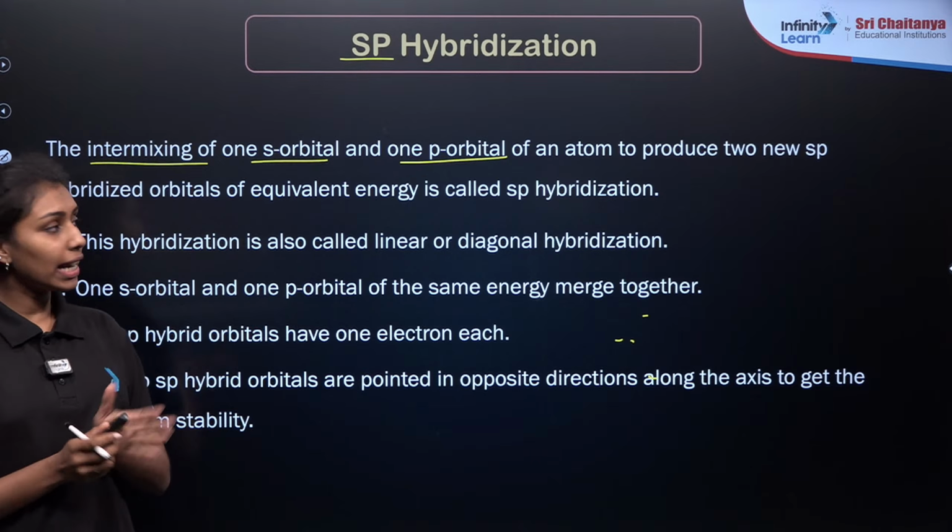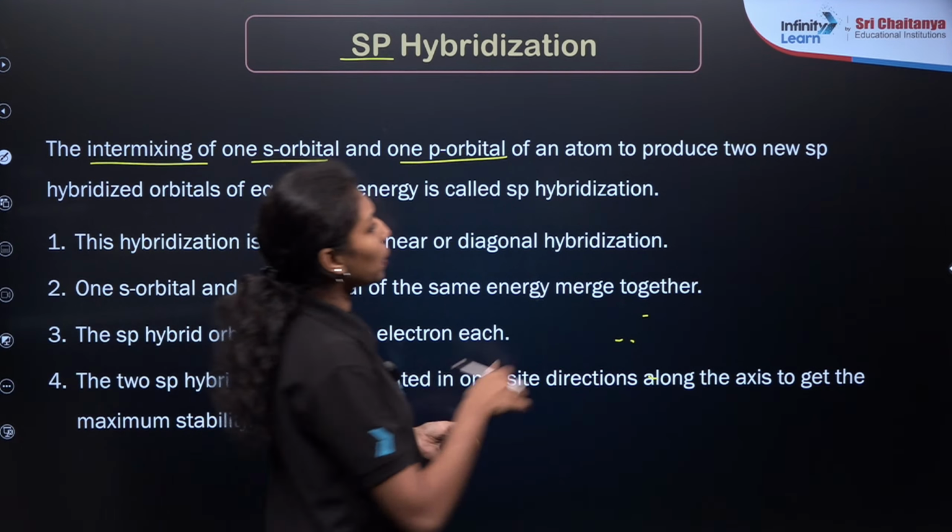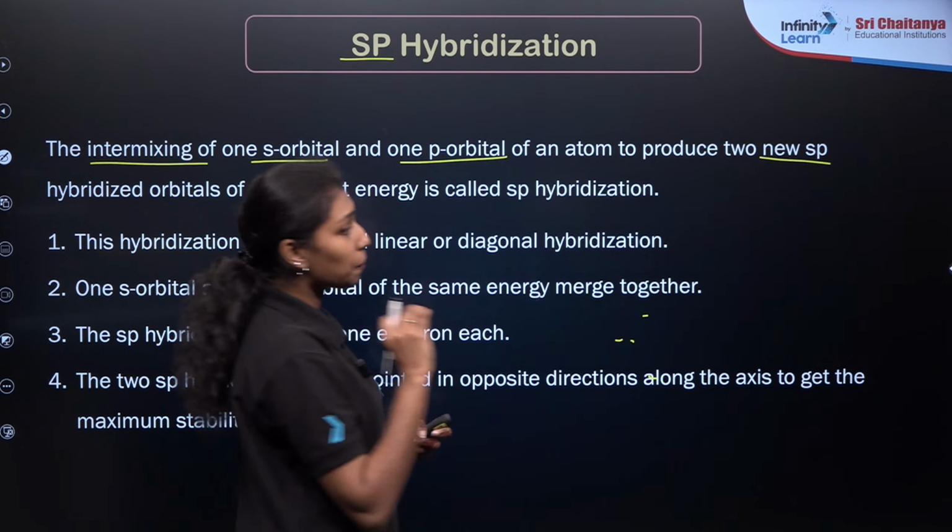One s orbital and one p orbital of an atom combine to produce two new sp hybridized orbitals, which is known as sp hybridization.